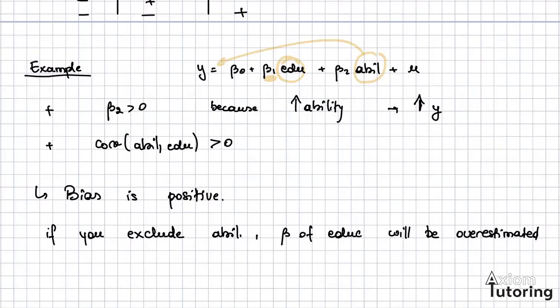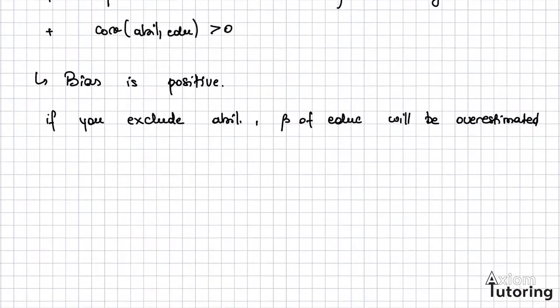What about the case of a negative bias? So let's look at example 2. In this case, let's assume that what we are omitting is actually job tenure. Okay, so does tenure increase wages? Yes, so beta 2 for tenure would have been positive.